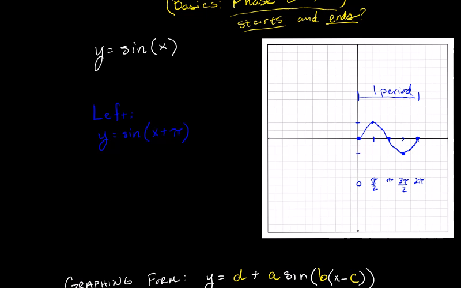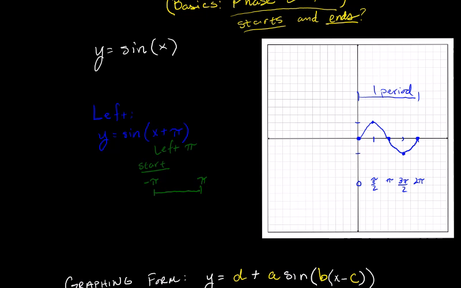It looks like it would be positive pi, and so you move it right pi, but in essence, it would be a shift left pi, and so this graph, left pi, instead of starting at 0, it would start at negative pi on the x-axis, and then if we add the period, which is 2 pi, it would end at pi.